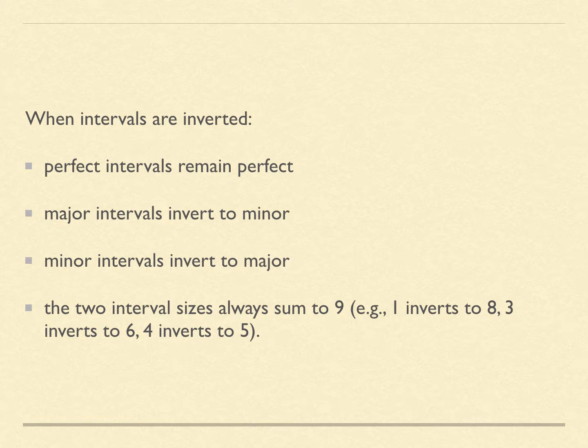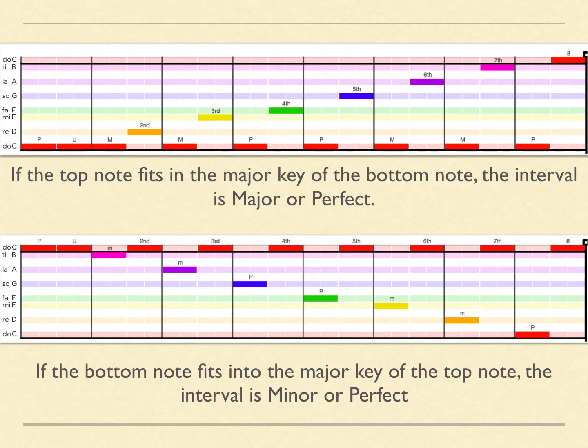So next I've made a little graphic for you. If you would like to visualize sort of the piano roll kind of version of a scale, here it is. We can kind of see all of our intervals going up and going down. And this illustrates another strategy that I like for doing quick interval identification.